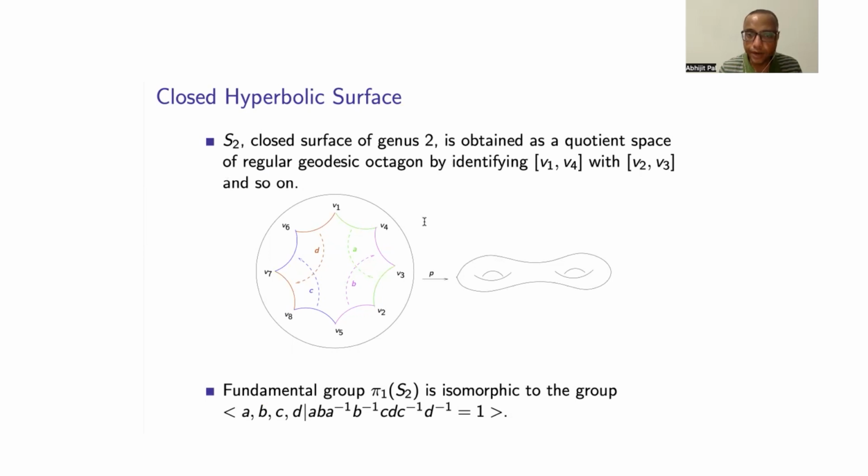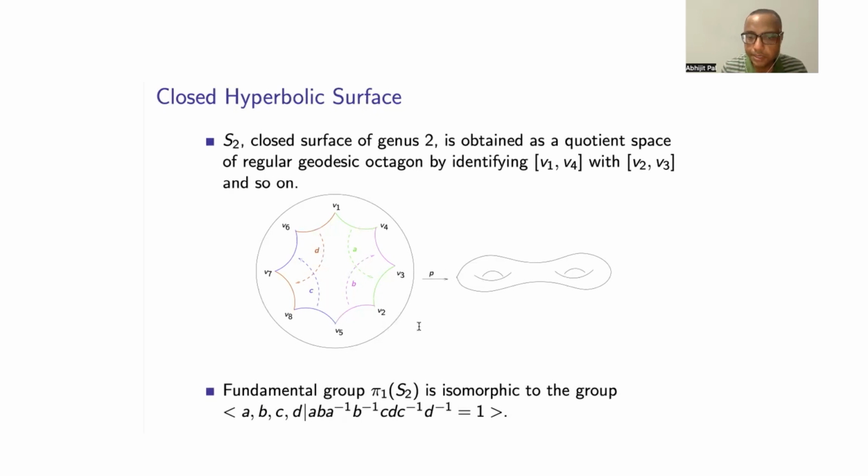Here you identify the side B1, B4 with the side B2, B3 by an isometry. So there exists an isometry A which takes the side B1, B4 to B2, B3, and you proceed similarly for the other edges. So you will have a side pairing of this geodesic octagon, and as a quotient space, you will get the genus 2 surface.